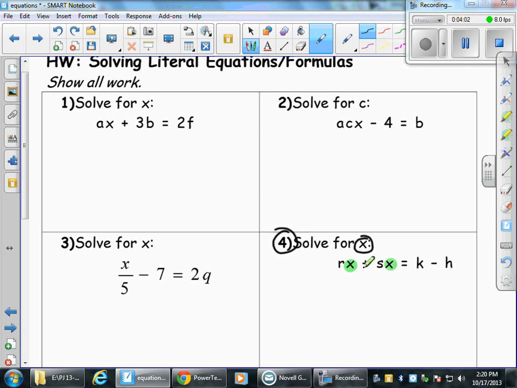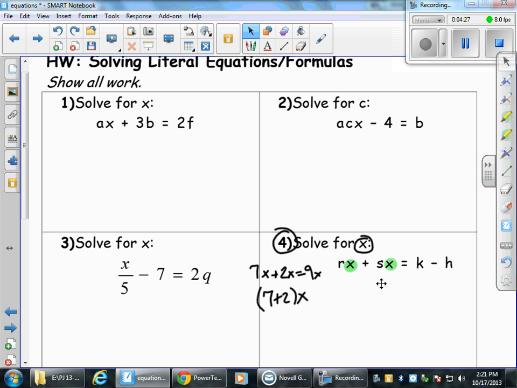So again, if we made up values, let's say R was 7, and we'll say S was 2, we would know that 7x plus 2x is 9x. So we're really adding the numerical coefficients and keeping the variable. So 7 plus 2 times x.